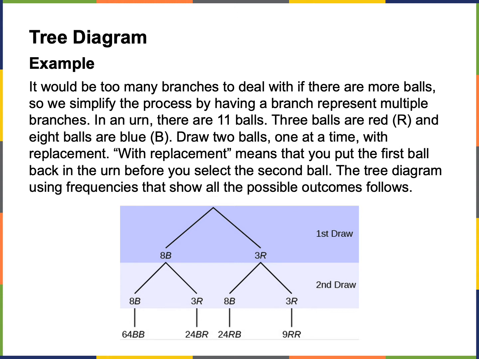You would get 8 times 8, which is 64 blue-blue. With 8 blue and 3 red possible, the total would be 24 blue-red options. If you drew a red ball and then a blue ball as the second draw, you would get 24 possibilities of red-blue. And finally, if you drew a red and then a red, there are 9 possibilities. Those are all the frequencies.